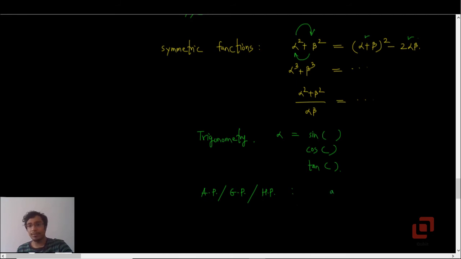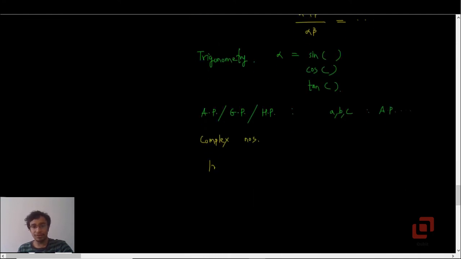For example, they may say that a, b, c, the coefficients of the quadratic equation, are in arithmetic progression and so on. They might ask you a question on quadratic equations involving complex numbers, the modulus function, the fractional part function, and so on.